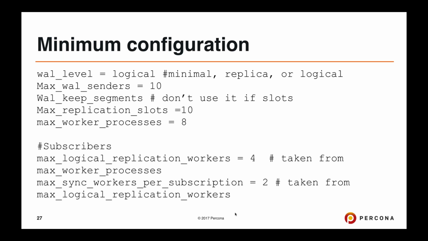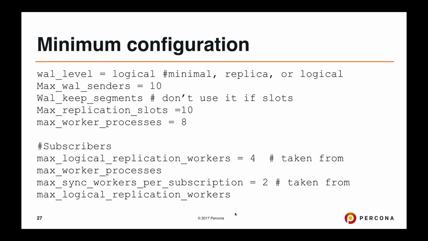Replica is for streaming replication, and you need to have this set as logical for allowing logical replication. For max_wal_senders, as I said, you can have WAL senders for streaming replication, but also you can have WAL senders for logical replication. So you must be aware of this variable if you want to set, let's say, more than 10 as default.